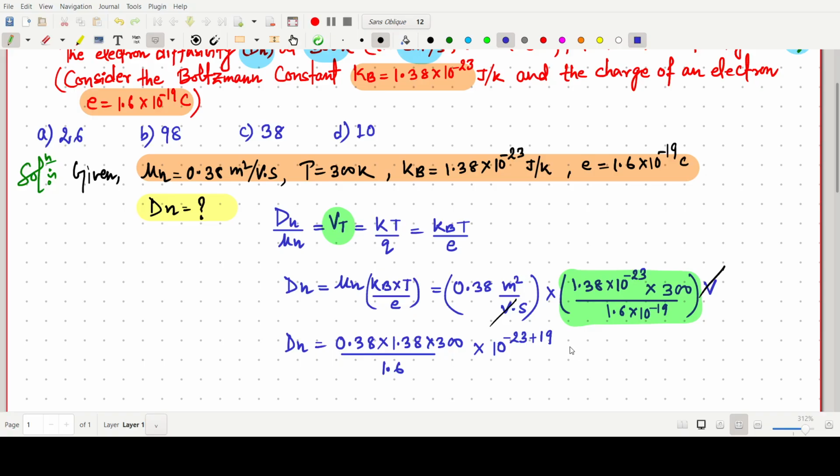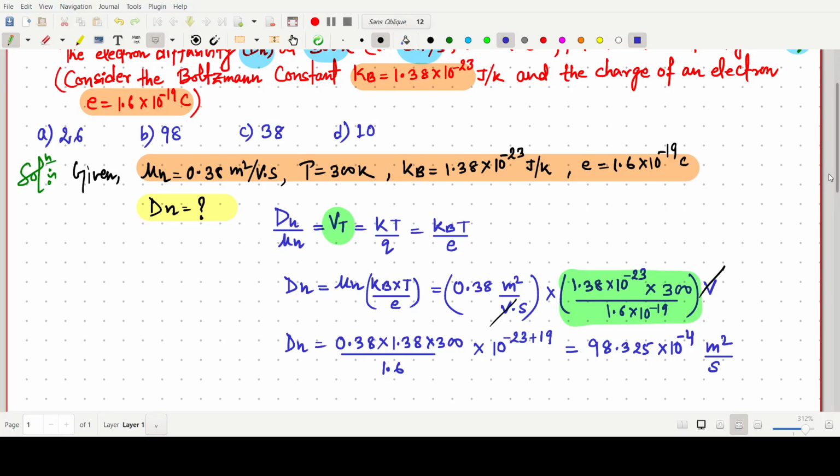It is a simple calculation. If we solve this, it will come to nearly 98.325 into 10 to the power minus 4 meter square per second.